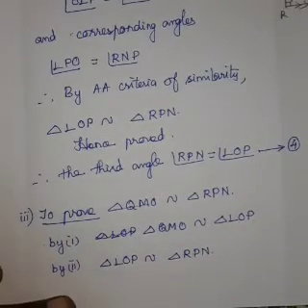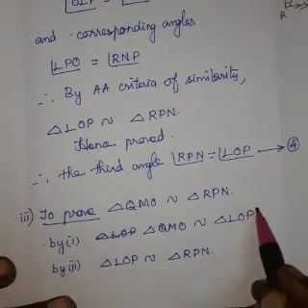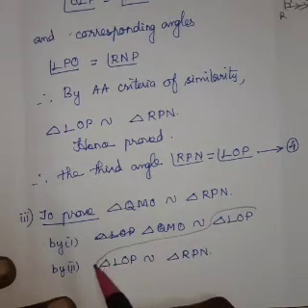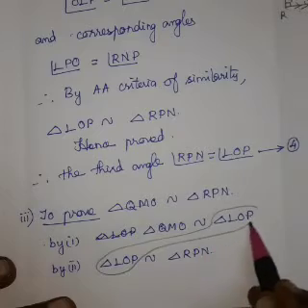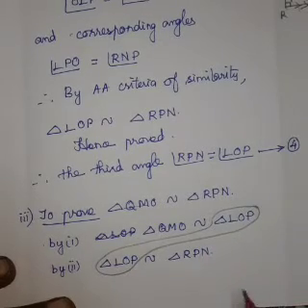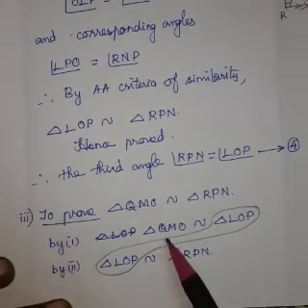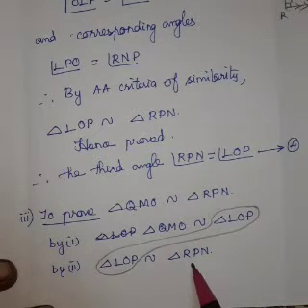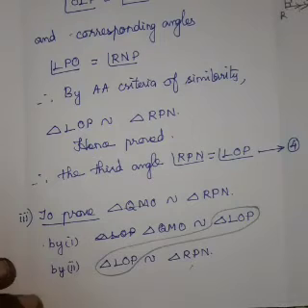So these two triangles are similar. Since the second triangle in the first condition and the first triangle in the second condition are same, we can leave this and write the remaining triangle QMO similar to triangle RPN. It is by the result. Already explained this.